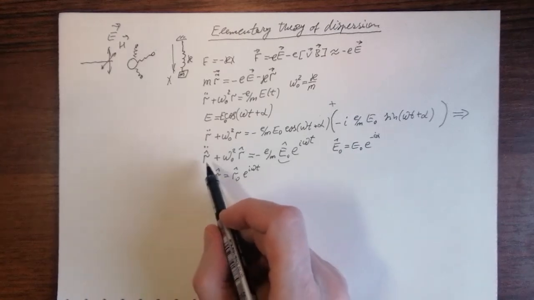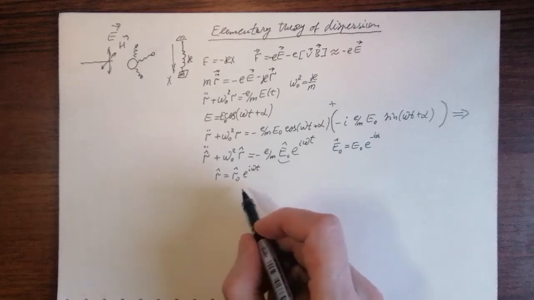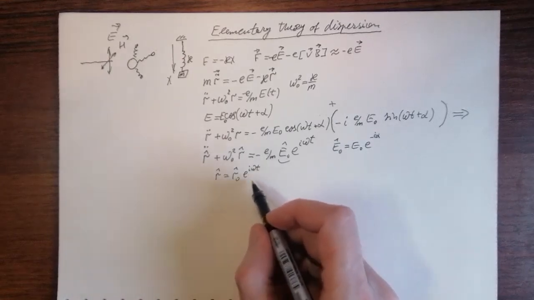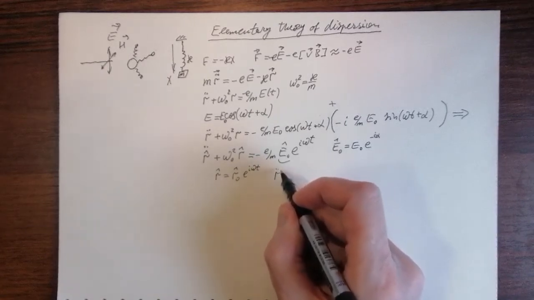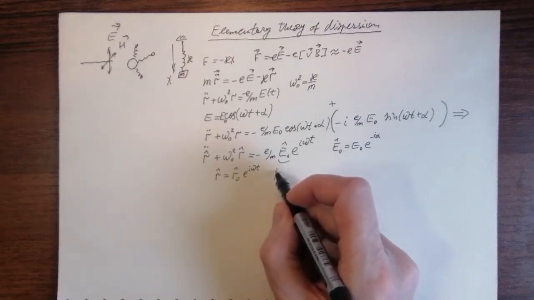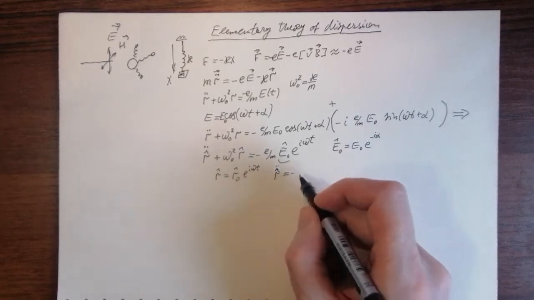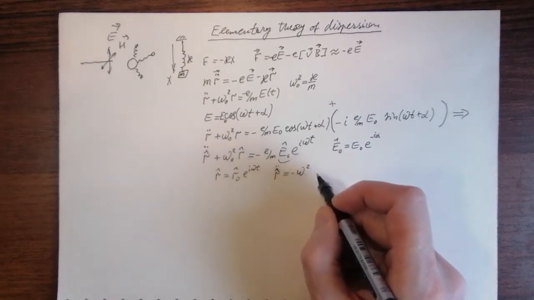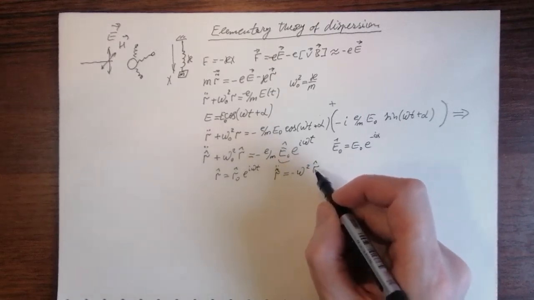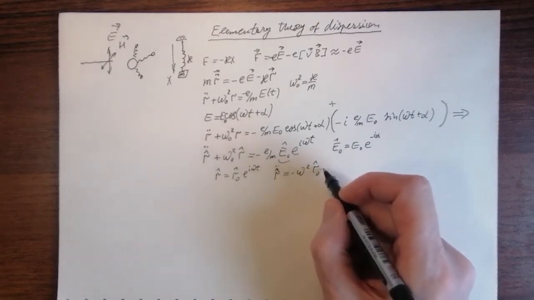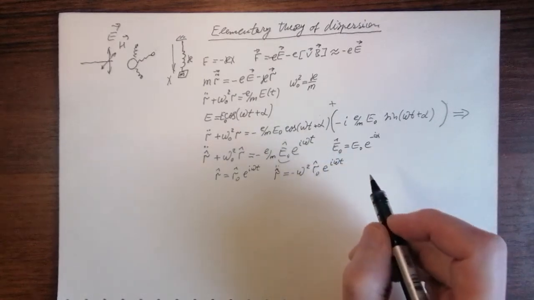We need to substitute here the second derivative, and if we take it from here, we see that the complex second derivative of r is minus omega squared r0, complex, e to the i omega t.